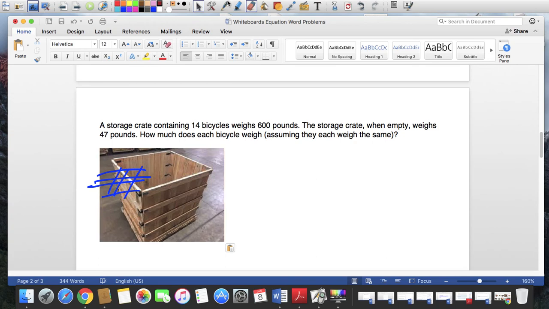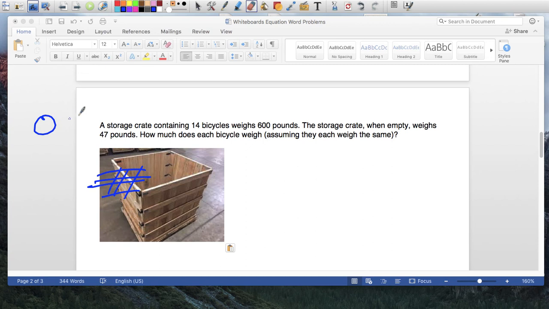And now inside, you gotta put bicycles in here. Okay, so we got bicycles. How do you draw a bicycle? Okay, no, that's not a bicycle. Bicycle, like that, like that. And there's the chain.